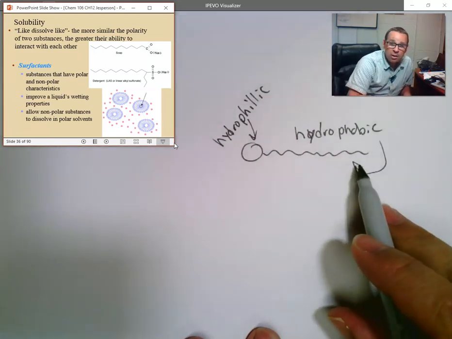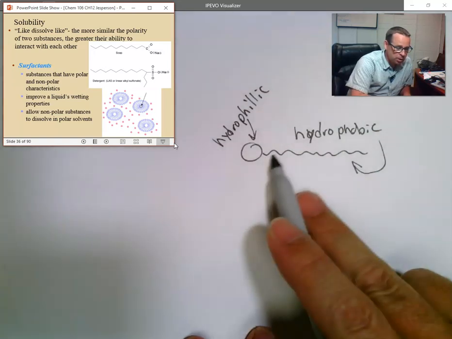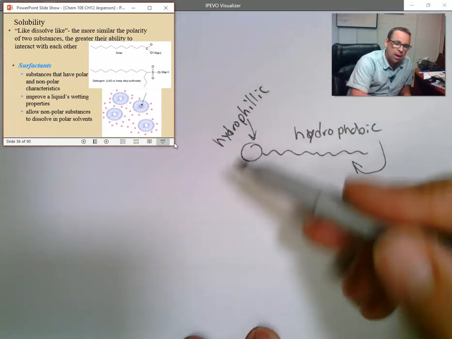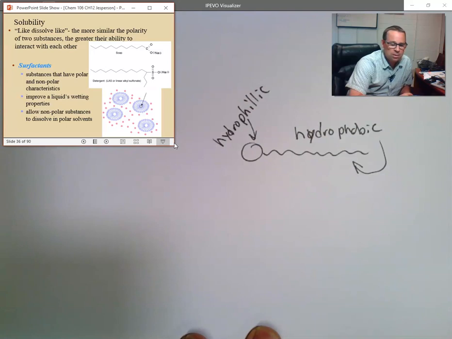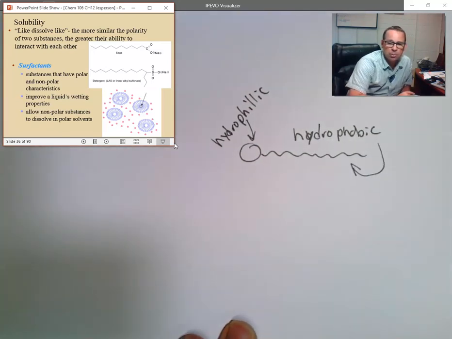When we have a lot of this in water, now you might think this can't go into water because it has so much hydrophobic component, but it can because this hydrophilic head allows it to kind of protect the hydrophobic portion from the water.